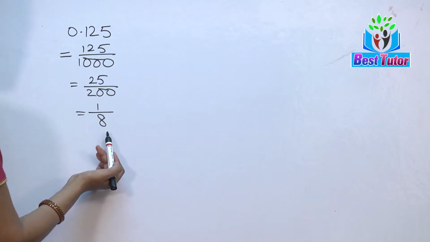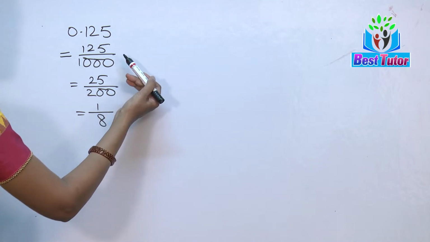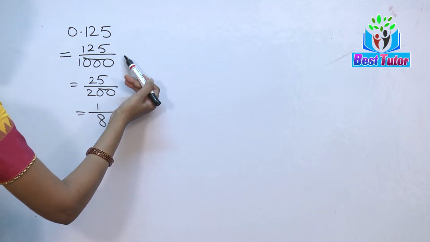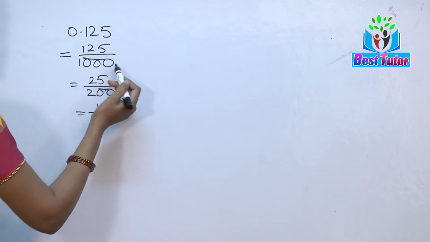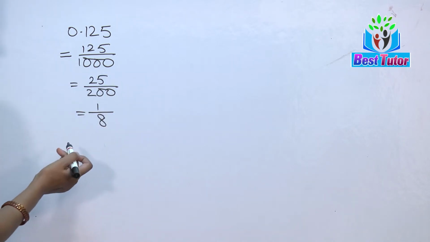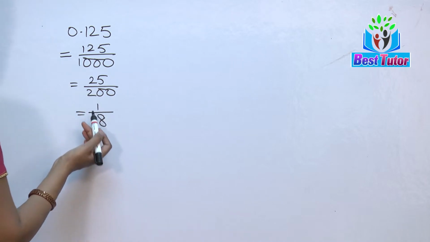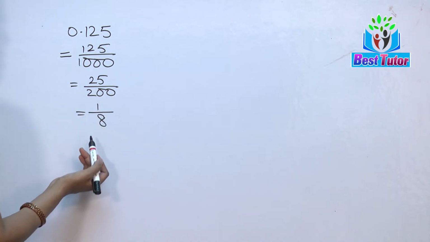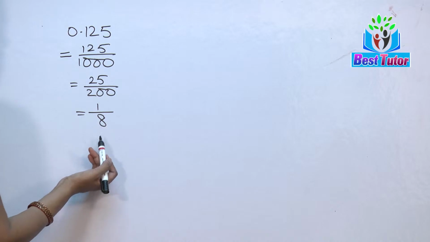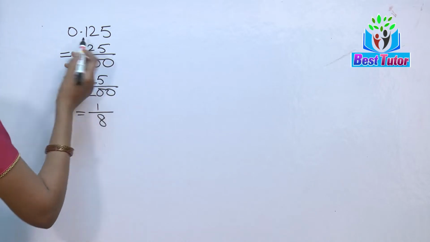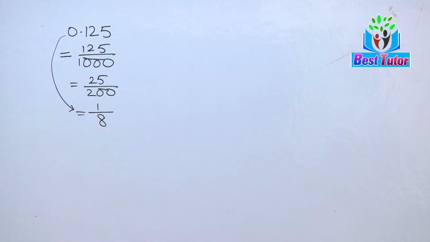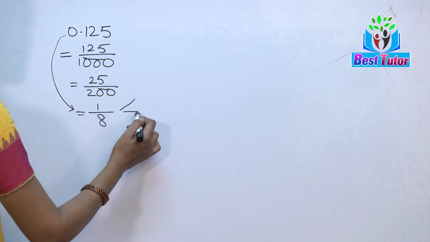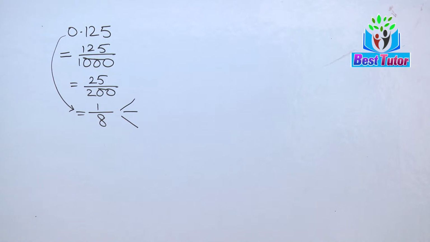This is a vulgar fraction, this is a decimal number, and this is a decimal fraction. A fraction is said to be a decimal fraction if the denominator is either 10 or a power of 10. Here 1 by 8 is called a vulgar fraction because its denominator is not a power of 10. Right. So we have converted the decimal number into a vulgar fraction. Now, does this satisfy all the three conditions of rational numbers?